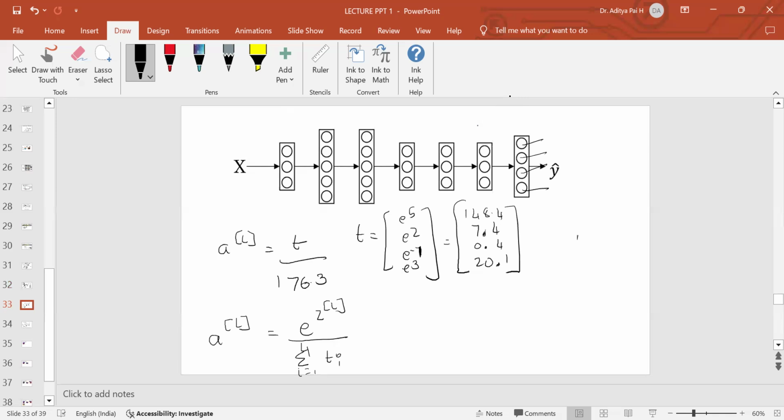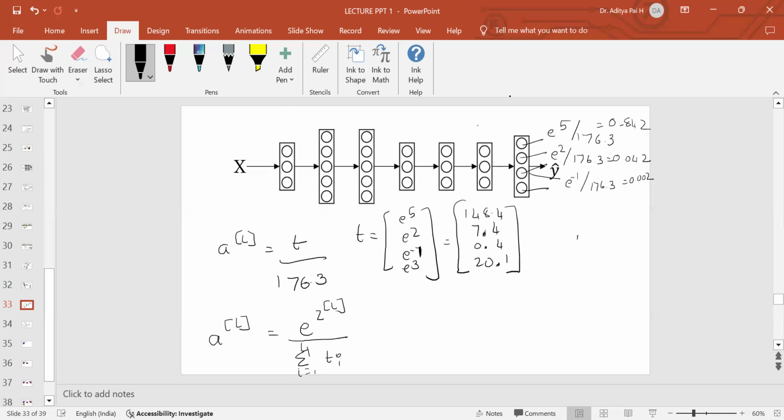Now for each one of them we'll apply this formula. For the first output, I calculate e power 5 divided by 176.3, which gives 0.842. Second, e power 2 divided by 176.3, which is 0.04. For the third one, e power minus 1 divided by 176.3, which is 0.002.